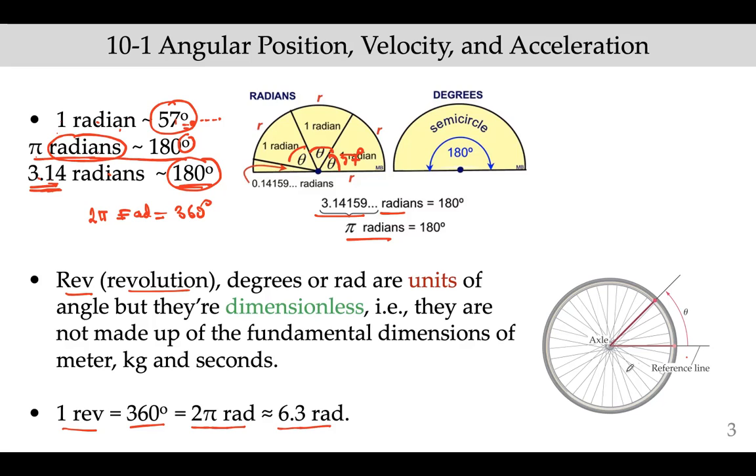Rev, degrees, and radians are units of angle, but they are dimensionless. That is, they are not made up of the fundamental dimensions of meter, kilogram, and second.